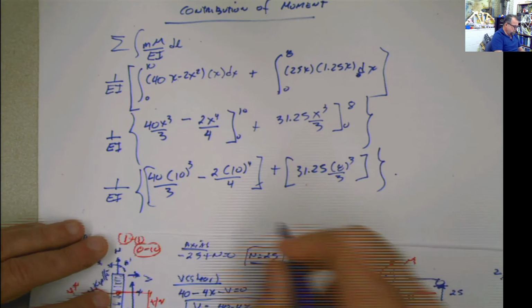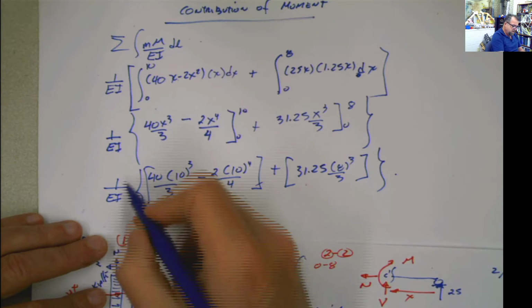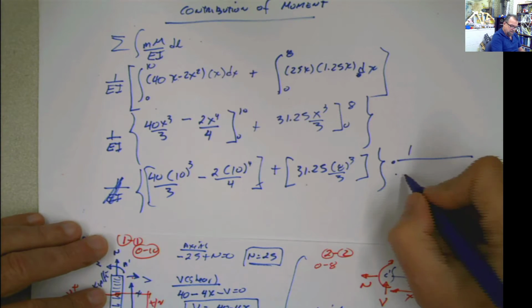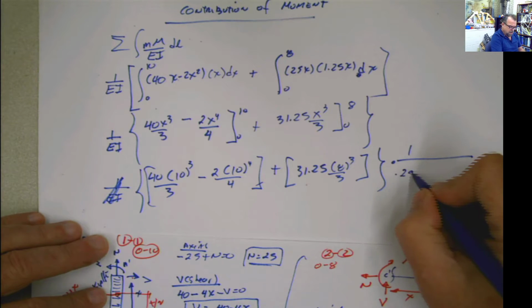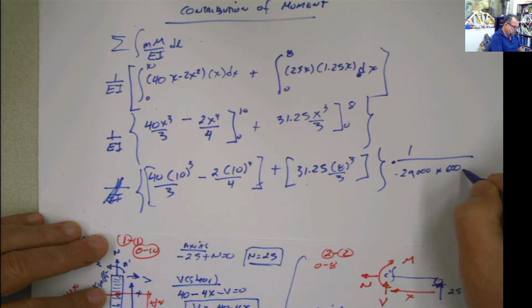And once you do that, the only thing that we have to do here, remember we multiply this by 1 over EI, so you put it here, 1 over EI. E was 29,000 ksi and I was 600 inches to the fourth.